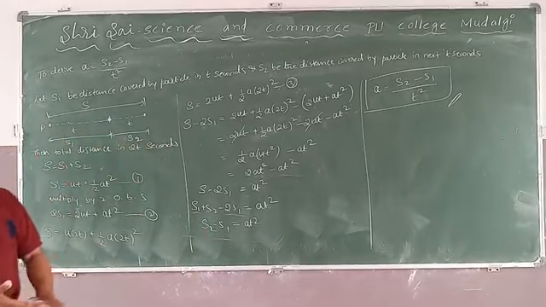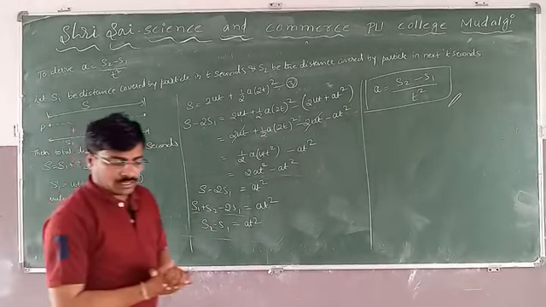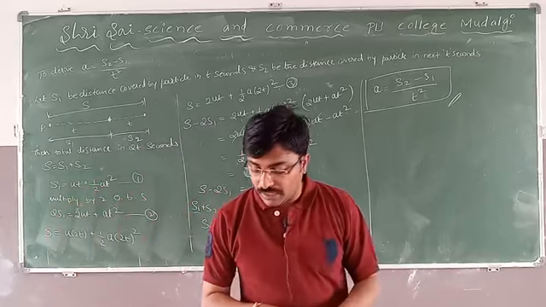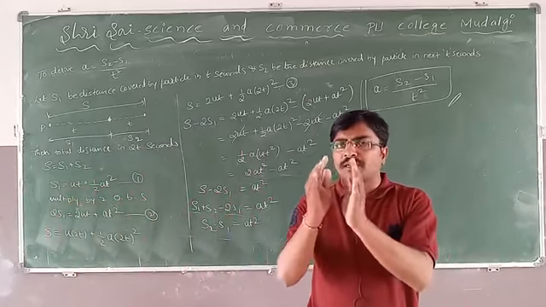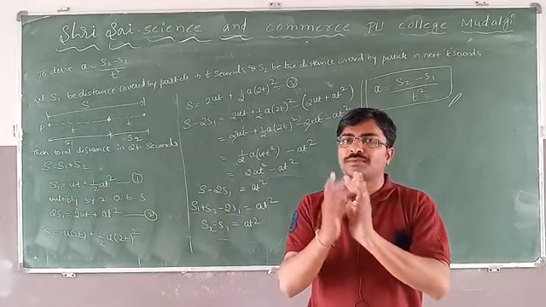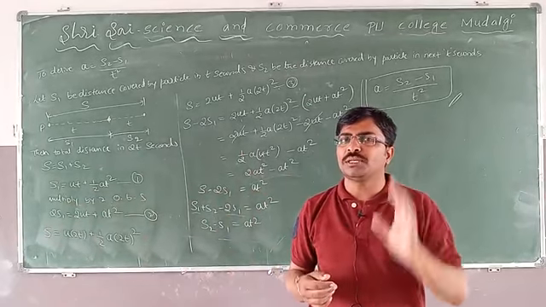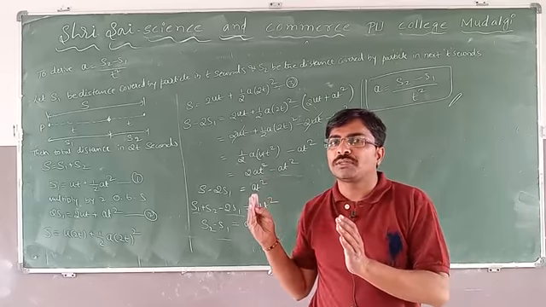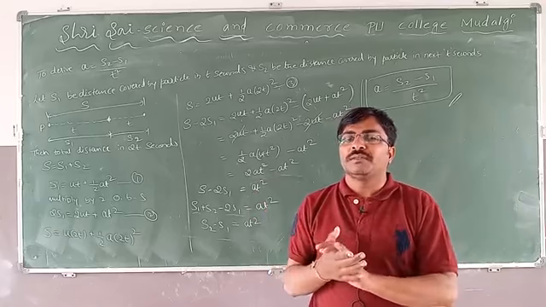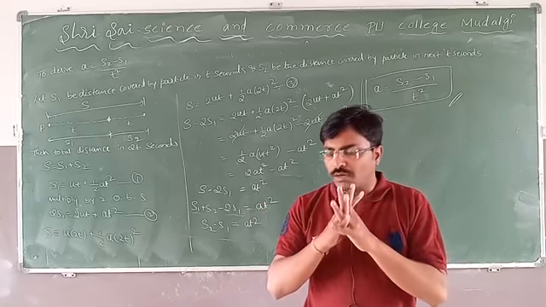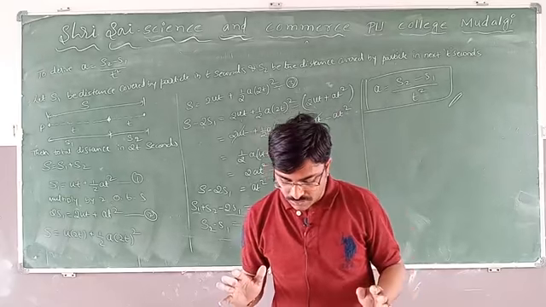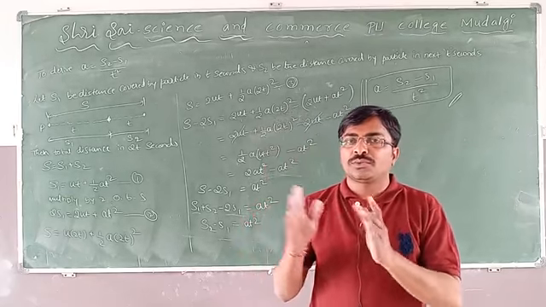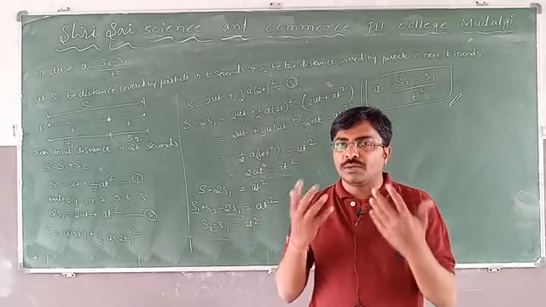This completes these two derivations, and I stop here. The remaining last part of this chapter is the relative velocity of the object. It is a very small concept. After that concept, I am going to solve some questions and problems mainly. Those who have not completed this chapter, just go through the previous videos, and if you have any doubts you can clarify.